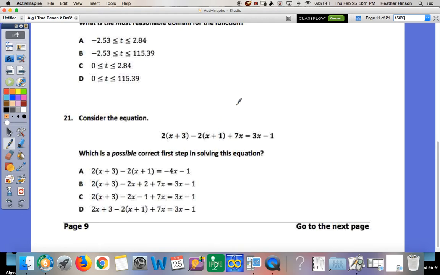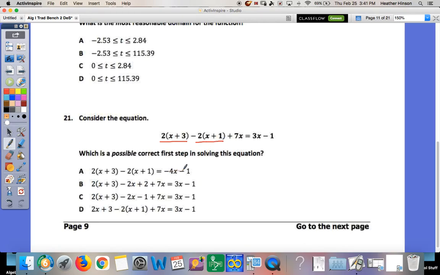So this problem actually has many things that you could do on the first step. We just have to decide what did they try to do in their multiple choice questions, and did they do it correctly? So for this first one, we still have our 2x plus 3, that didn't change. Our negative 2x plus 1, that didn't change.